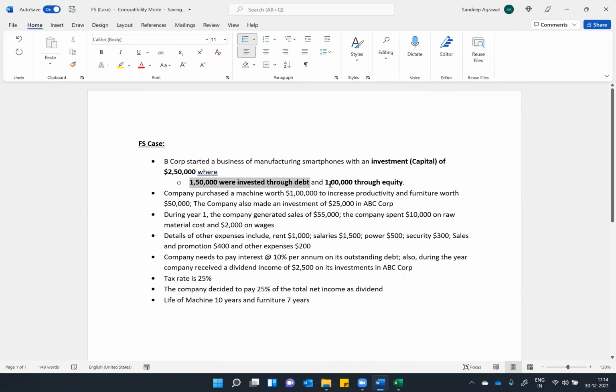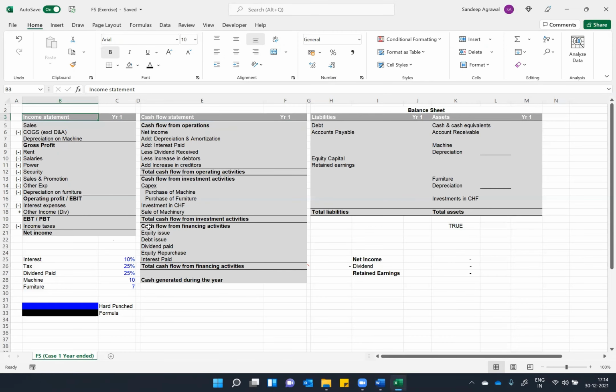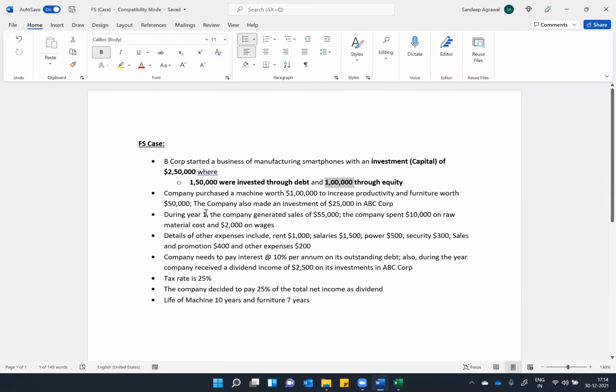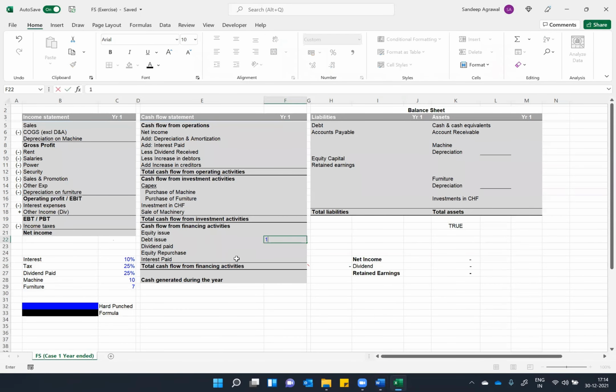So what is happening in this case? We are financing a business through debt and equity of 1,50,000 and 1 lakh. So the financing should happen from the cash flow from financing, because as we discussed in cash flow, all the equity and debt issuance should come here. So how much debt do we have? 1,50,000. So I'll just write 1,50,000.